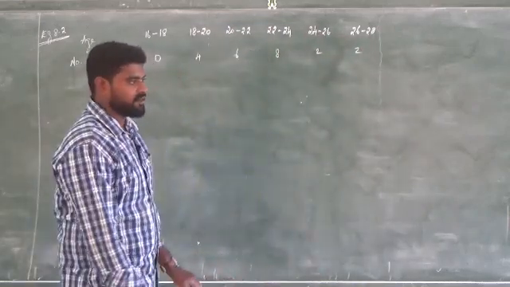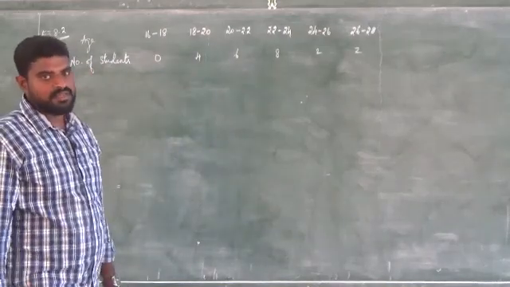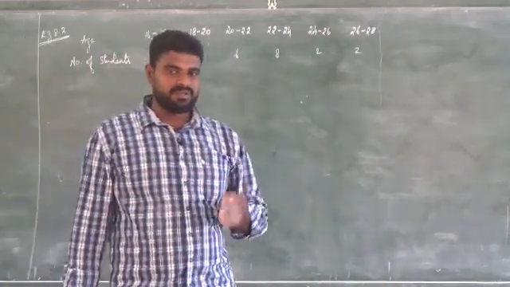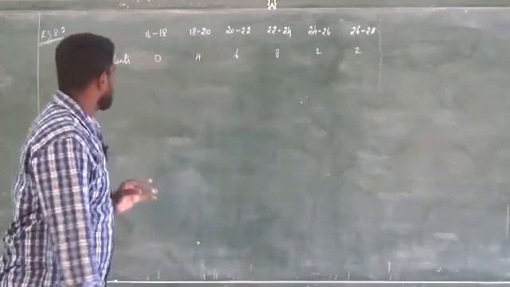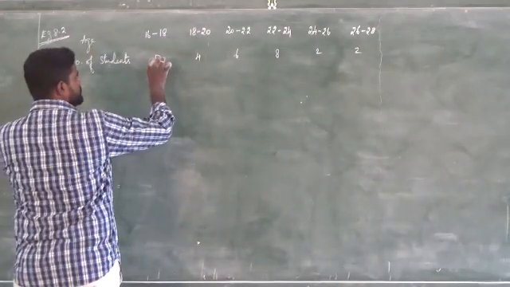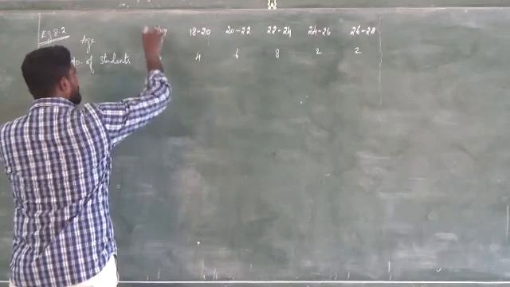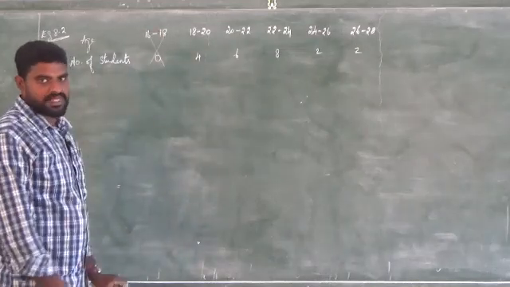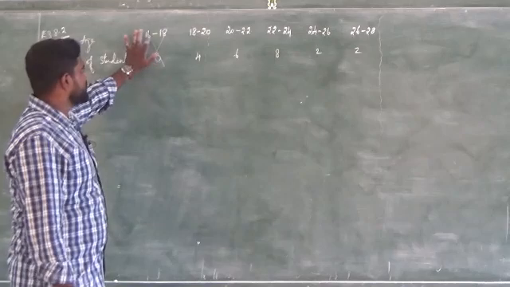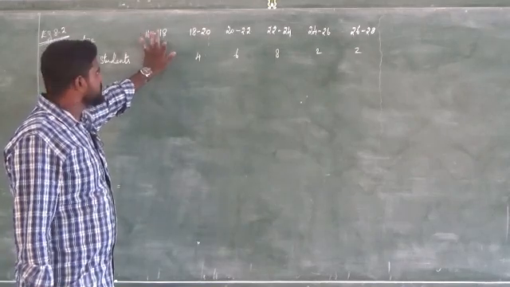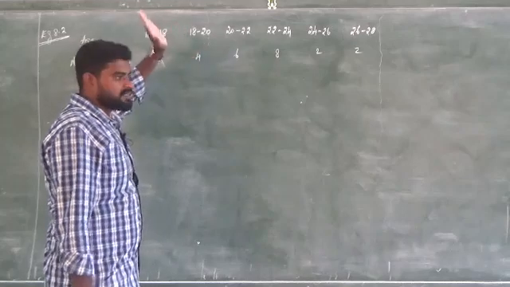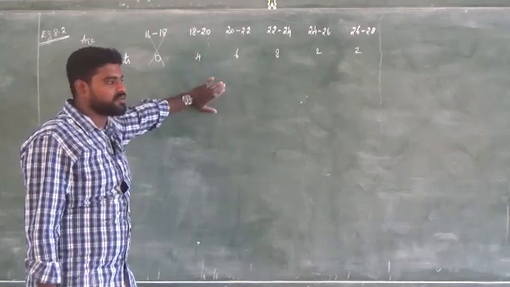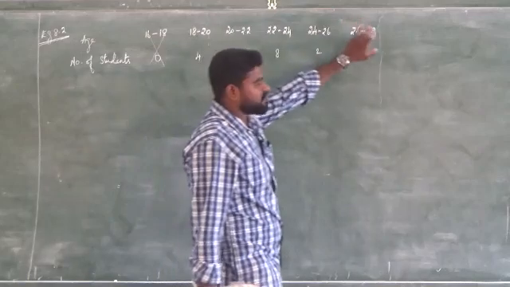If you want to find the range, we must know the smallest value and the largest value. Here there is no student in the first class, so we should not take this class interval. It starts from 18 to 20. So we have to take the largest value and the smallest value from 18 till 28.